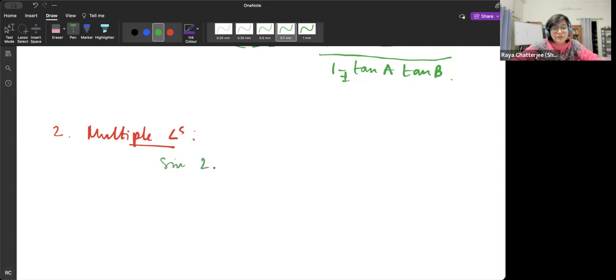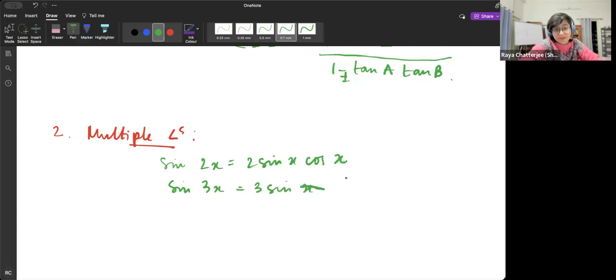Sine 2x is 2 sine x cos x, and sine 3x is 3 sine x minus 4 sine cube x. Cos 2x is cos squared x minus sine squared x.